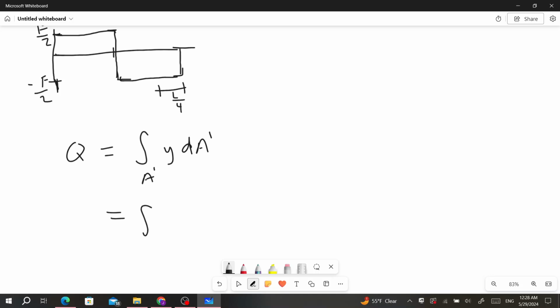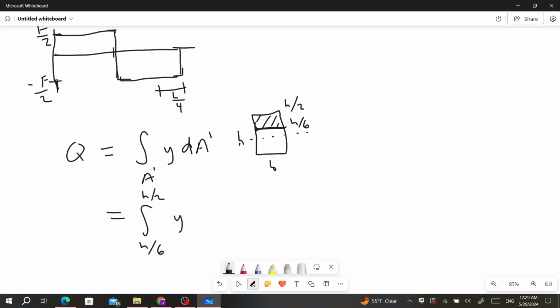So this integral of y dA' will actually be the integral of y, and let's repeat that cross section so it's easy to see. Again, we had our neutral axis. We're looking at a point that's h over 6 above the neutral axis. So if we're trying to integrate in order to find that area above the neutral axis, then we're going to be integrating from a distance of h over 6 to h over 2. The top of the beam is h over 2.